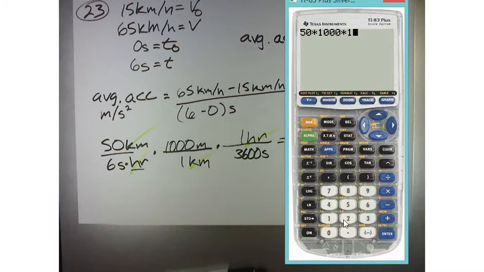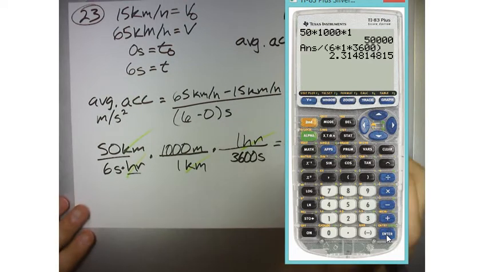So that's 50,000. And then I'm going to divide that by, and then in parentheses, I'm going to say 6 times 1 times 3,600, right? Because I'm multiplying all the numbers on the top across all the numbers on the bottom. And so my final answer is 2.3 meters per second.